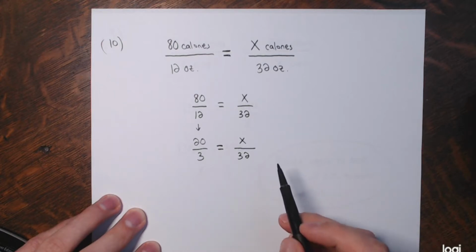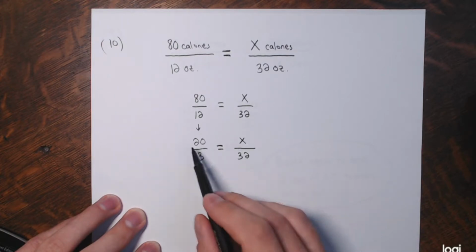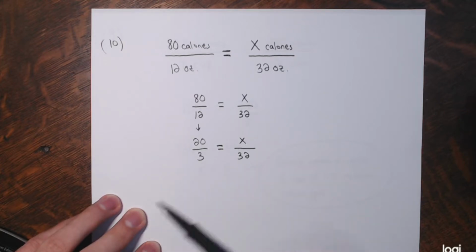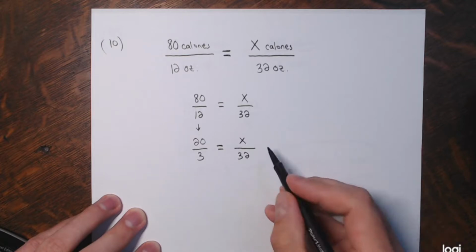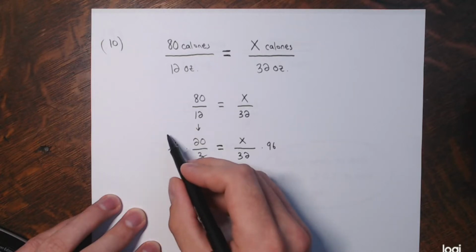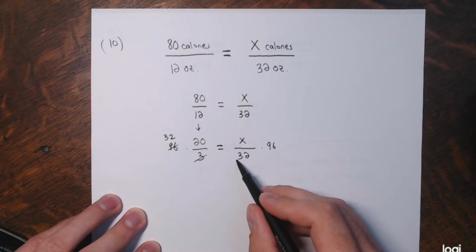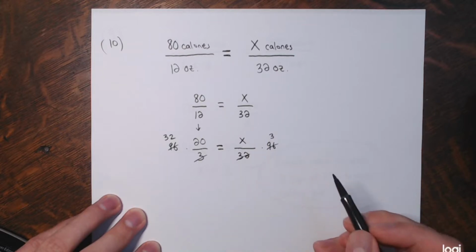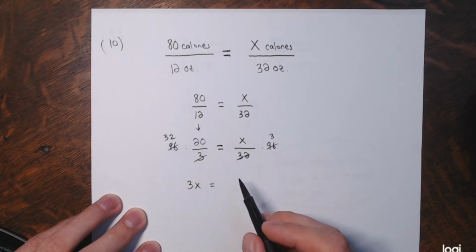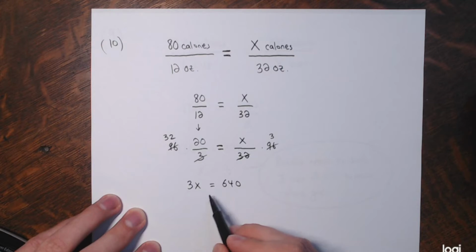Oh, not really. Oh yeah, to get X alone, you'd multiply by 32. But now 32 isn't the LCD. The LCD would actually be 96. So if I multiply both sides by 96, 3 goes into 96 32 times, 32 goes into 96 3 times, you'd have 3x on one side equals 640 on the other, and then dividing by 3, you'd have 640 divided by 3.